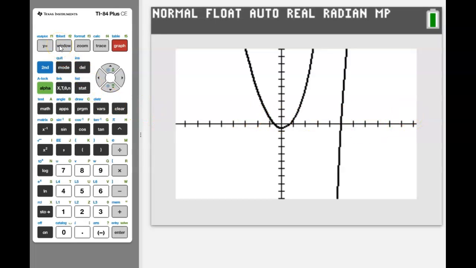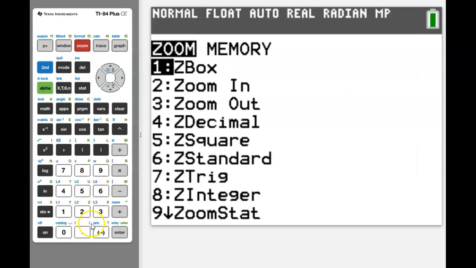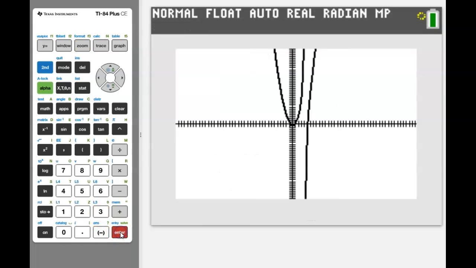Whenever there's a vertical asymptote, guys. So I'm just going to try a zoom out a couple times and see what happens. Yep, I think it's way down.